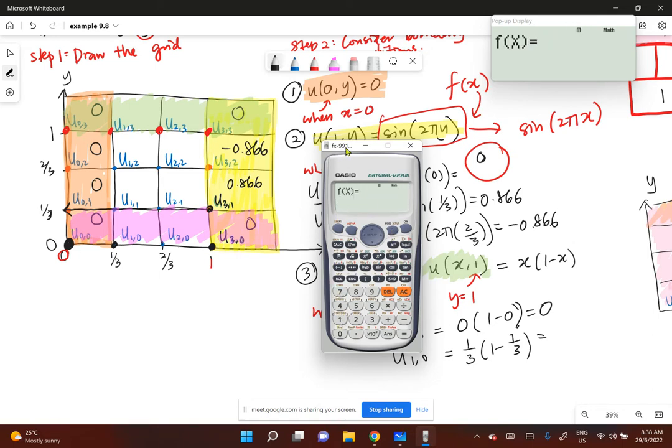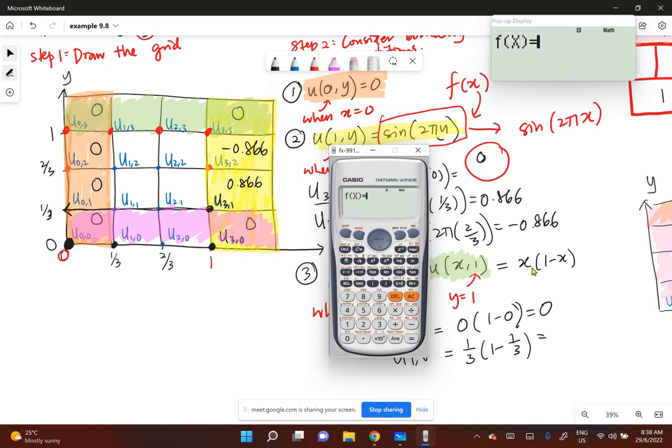For fx, I will use this formula, x in the bracket, alpha x in the bracket, 1 minus alpha x, close the bracket, and then I press equal to. And gx is 0 because we only have one equation.